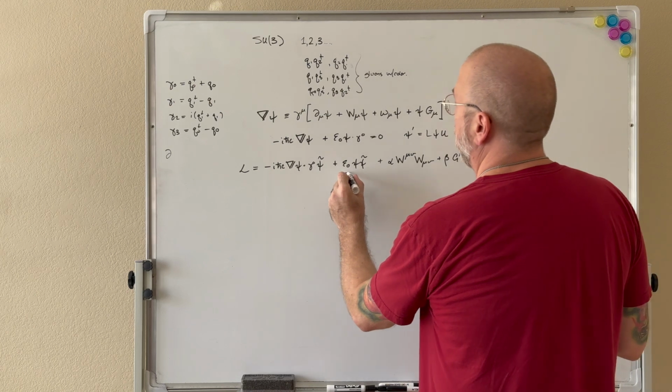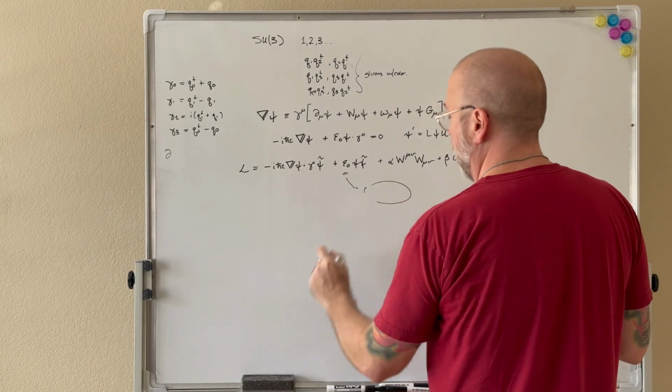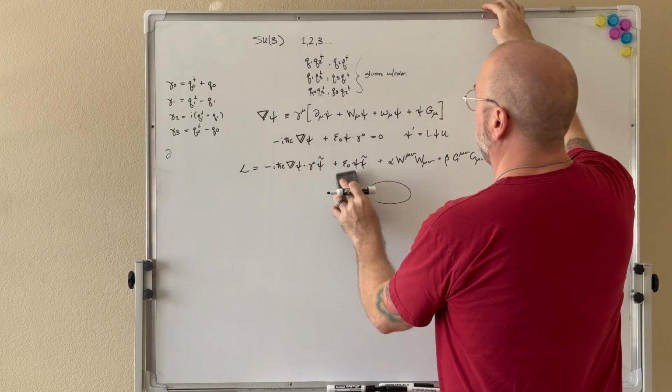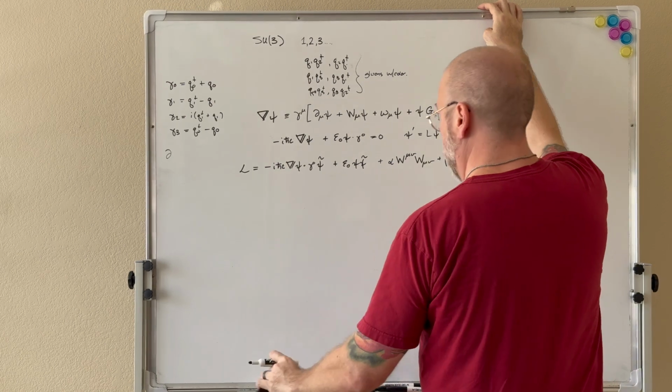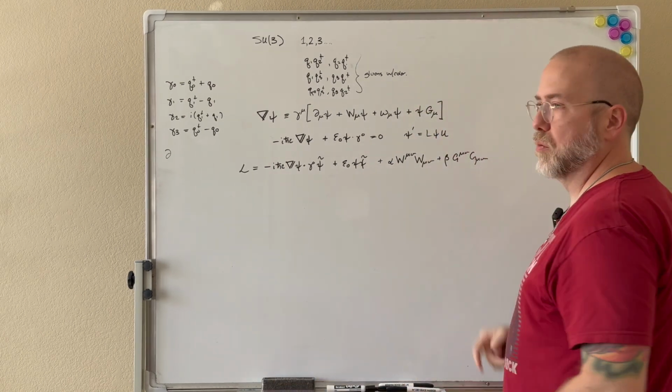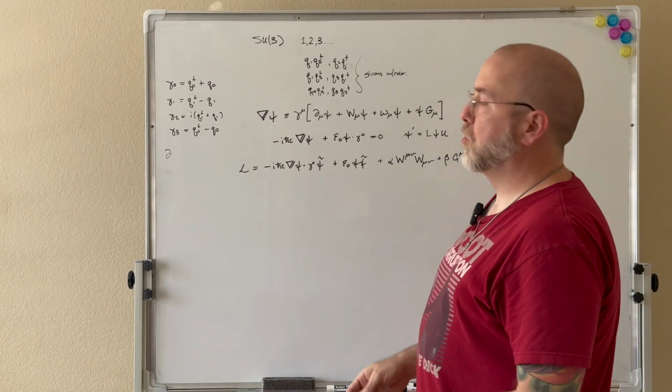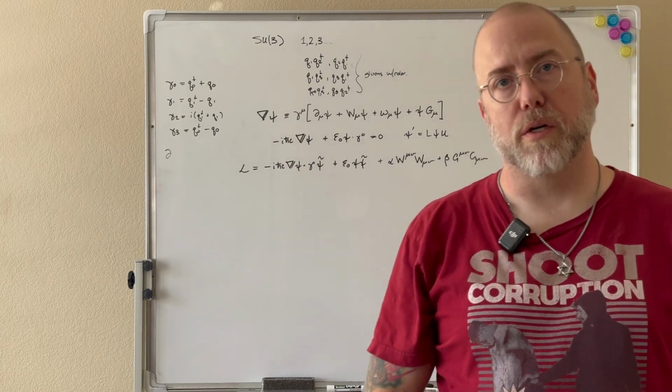Once we figure this out, you can guess that there's going to be some additional elements in here that deal with whatever the heck this is. Since it looks like psi squared, you can guess that it also is derived off of the metric tensor that we talked about before.